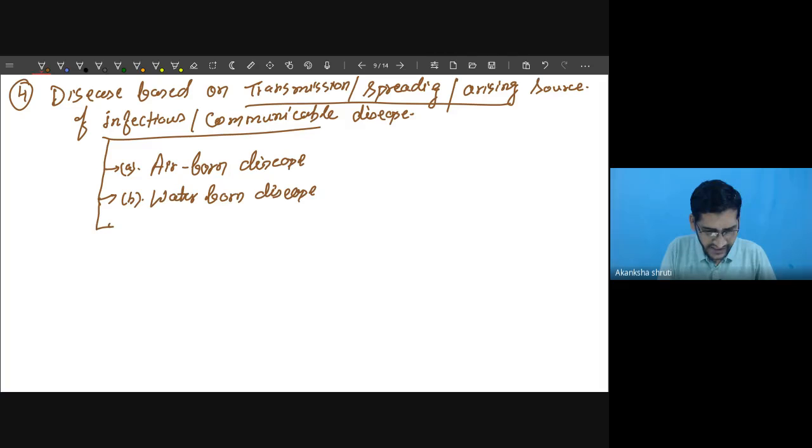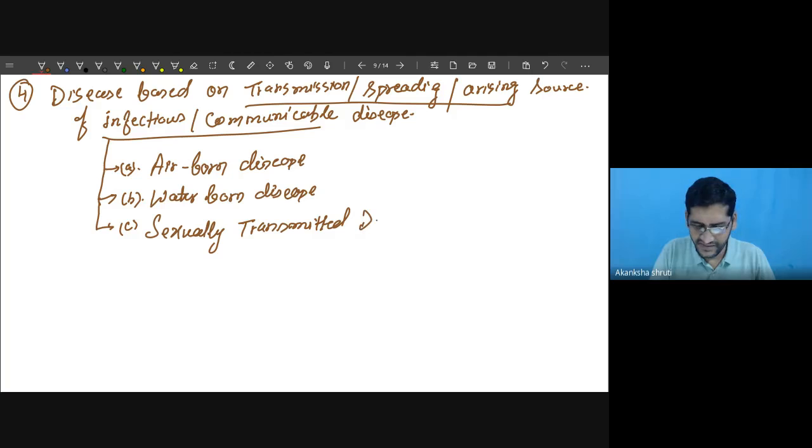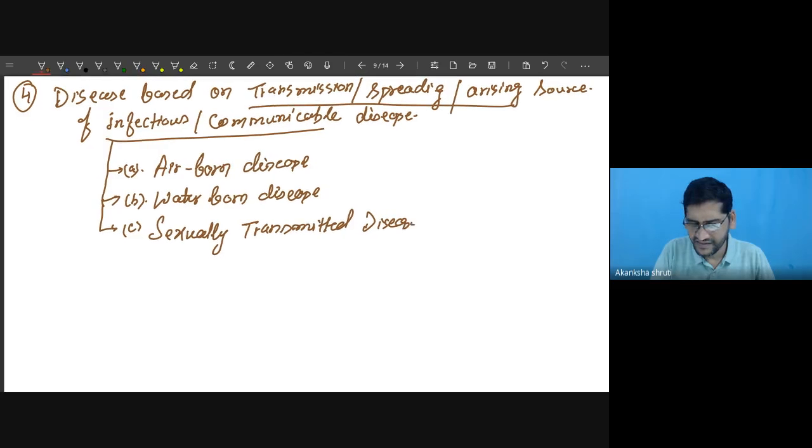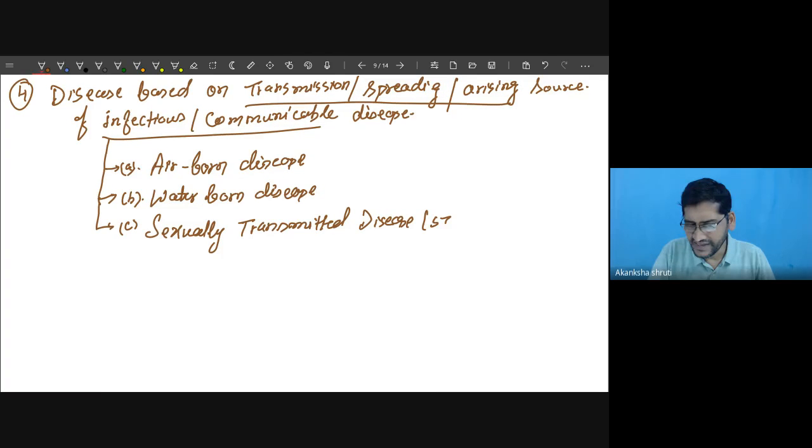The third one is the contact or the sexual contact or sexually transmitted disease. It is written like sexually transmitted disease. This is written as STD.